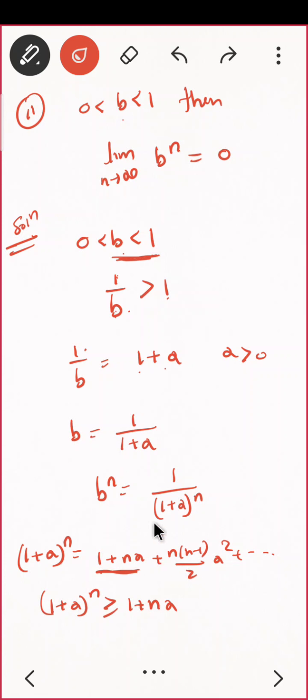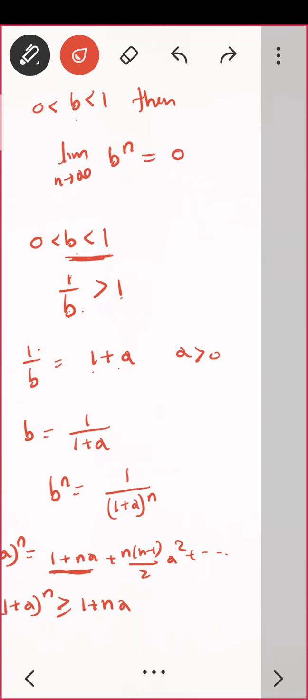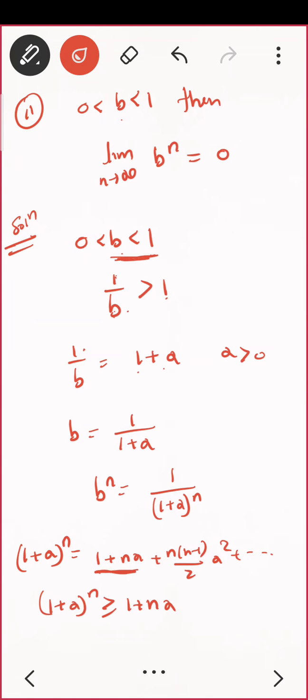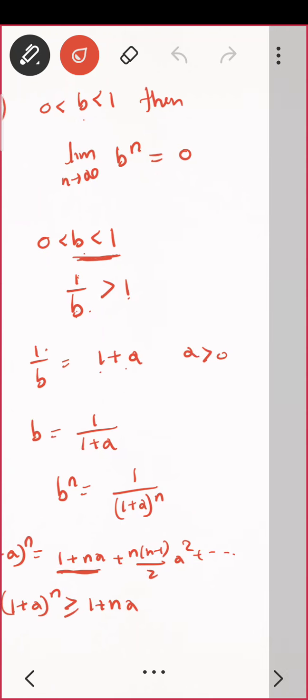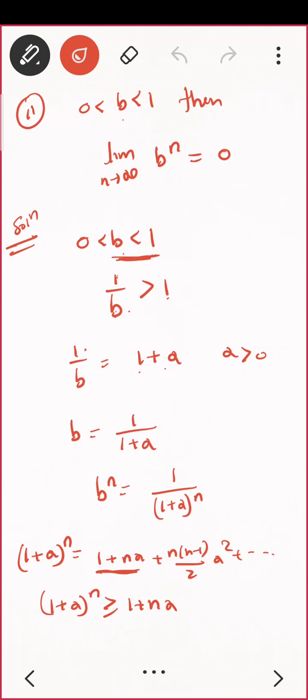So what about 1 upon 1 plus na? If I go for 1 upon 1 plus a raised to n, then what will be the relation? It will be less than or equal to 1 upon 1 plus na. Do you agree? Okay, nice.